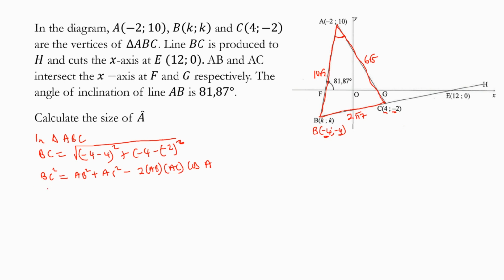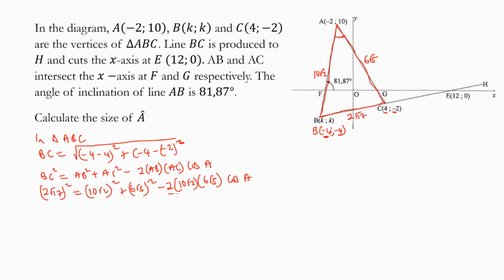So now we have BC, 2 root 17, squared is equal to AB, which is 10 root 2, squared plus AC, 6 root 5, squared minus 2 times 10 root 2 times 6 root 5 cos A. Let's make cos A the subject.